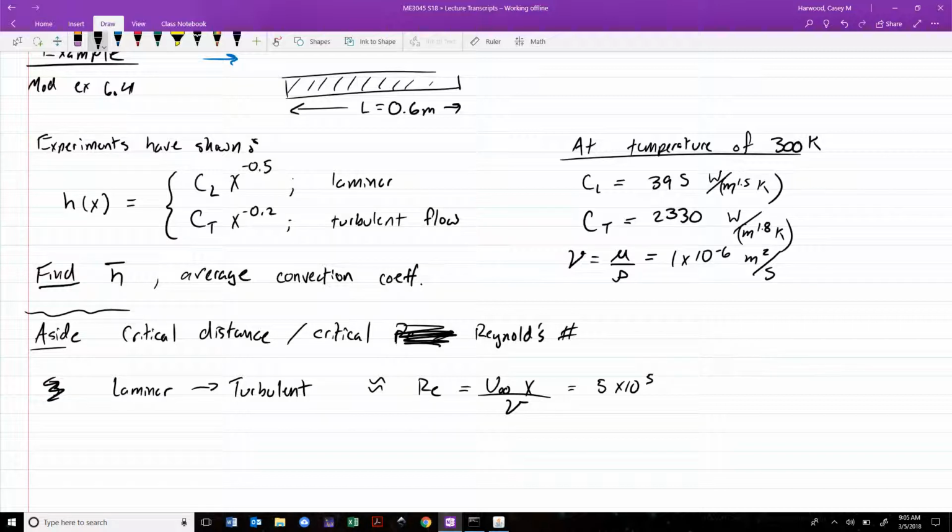So for most flows, U infinity is going to be a constant, nu is going to be approximately constant, and so this is a linear function of the distance along an object.